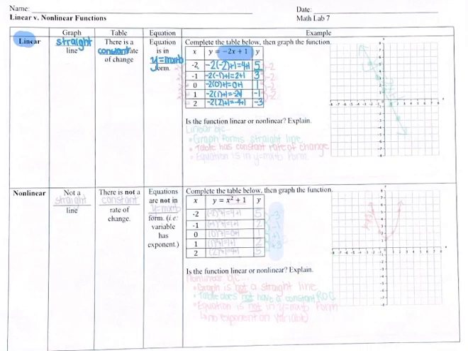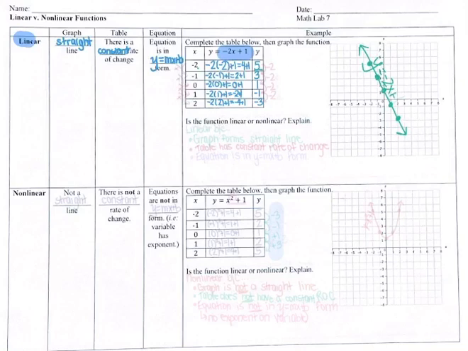So we go over to -2, up 5. And then we keep going. -1, 3, 0, 1, 1, -1, 2, -3. We've plotted our points, so we're going to connect them with arrows on the ends. And we're going to write the equation on the line. So y equals -2x plus 1.